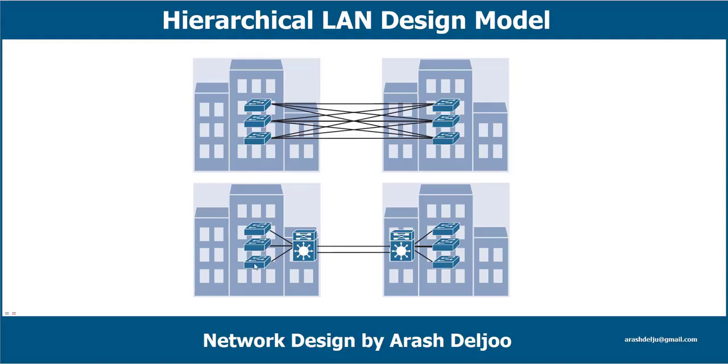With the distribution layer switch, we can aggregate the 3 access layer switches in one switch, and after that we need only 1 or 2 fiber links between the 2 buildings. The function of the distribution layer switch here is reducing the number of fiber optic runs between buildings. You know that this reduces the cost of the network for us.